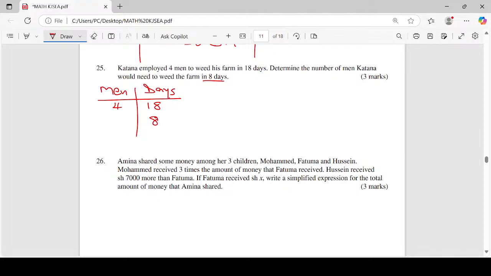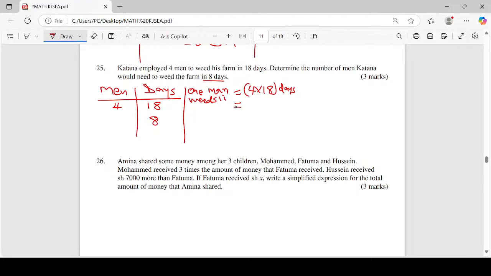Now, here there are two methods we can use. So if 4 men weed it in 18 days, one man can weed this piece of land in 4 times 18 days.